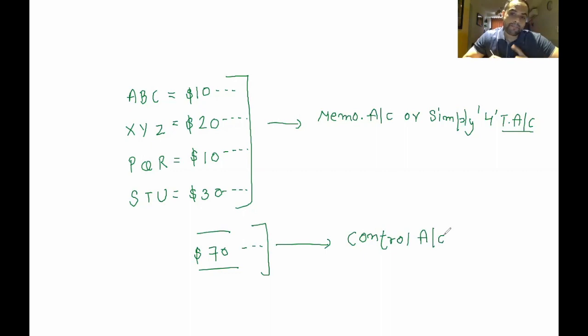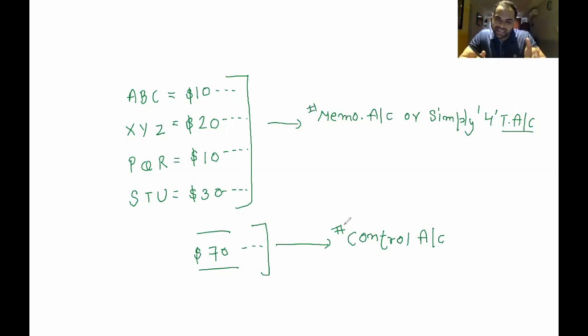right? Now, it's really important to reconcile the balance of memorandum accounts and control accounts. Why? Of course, to minimize the errors, because sometimes when we are recording the transactions, we misunderstood the exact payment of one particular account, or we make some kinds of arithmetic mistakes in recording the balance of the particular accounts, right?